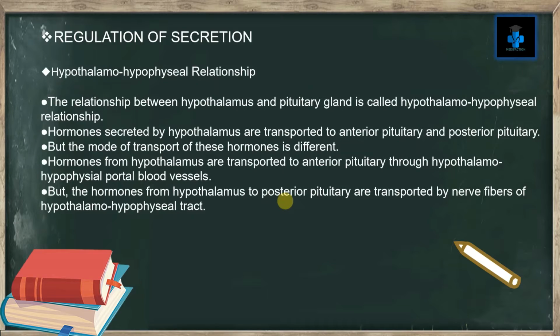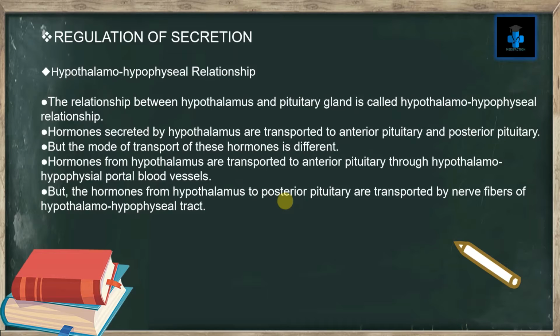Regulation of secretion. Hypothalamo-hypophyseal relationship. The relationship between hypothalamus and pituitary gland is called hypothalamo-hypophyseal relationship. Hormones secreted by hypothalamus are transported to anterior pituitary and posterior pituitary, but the mode of transport of these hormones is different.